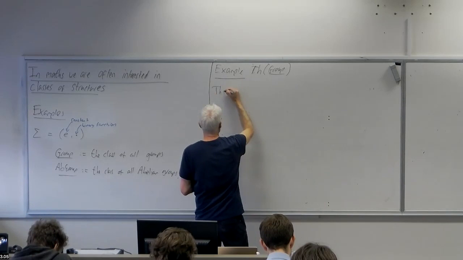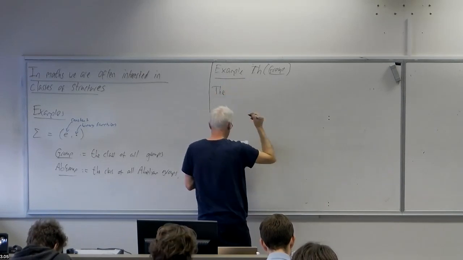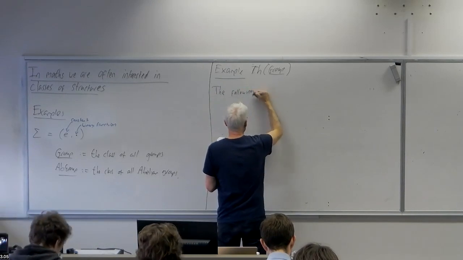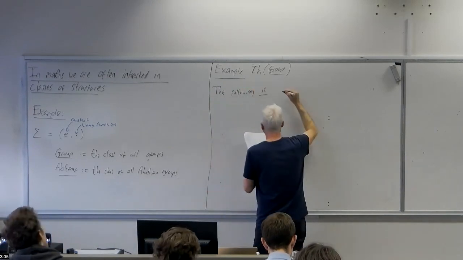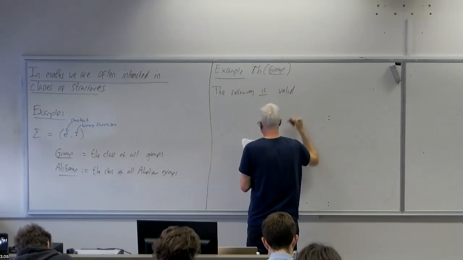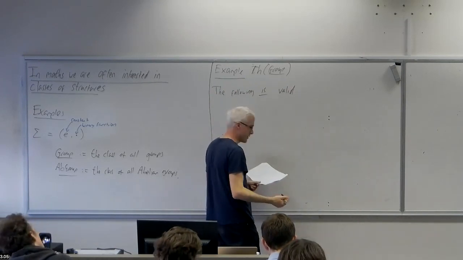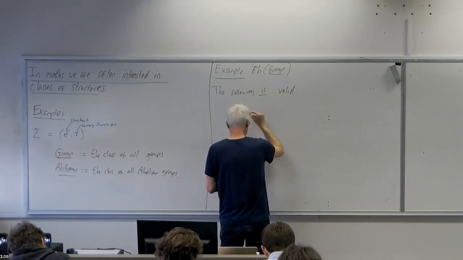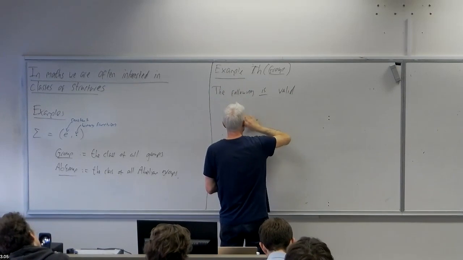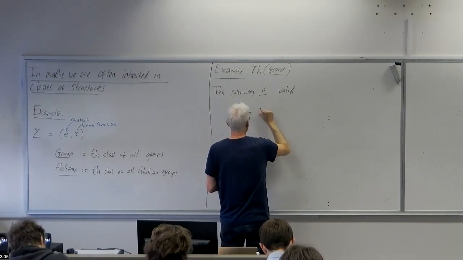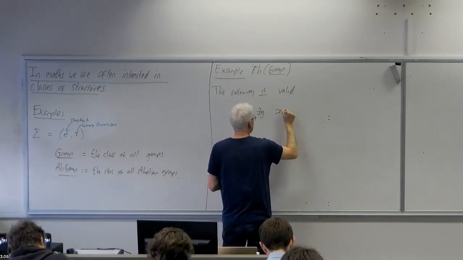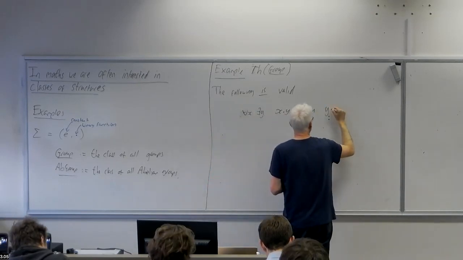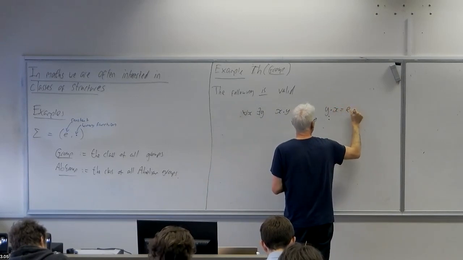So the following sentence is valid, or we might say, as I said, true in groups. Let's underline that to emphasize it is valid. The kind of thing we can say in our signature about groups, something very simple, would be the following: for all x, there exists a y such that x times y equals e, and y times x equals e.